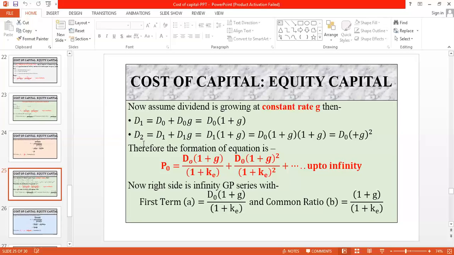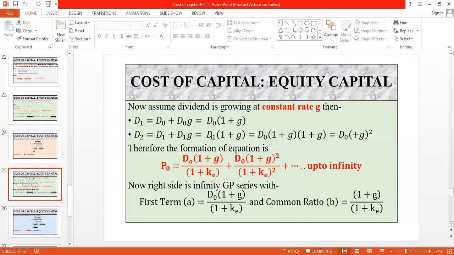Similarly, if I calculate the dividend payable after year 2, which is D2, then you have to consider the dividend of the previous year, D1, and this D1 will grow at rate G. So D1 plus D1 into growth rate G. Again, you take D1 common, you will get D1 into 1 plus G. So D2 is equal to D1 into 1 plus G. Now, we have already got that D1 is equal to D0 into 1 plus G. So we can substitute the value of D1.